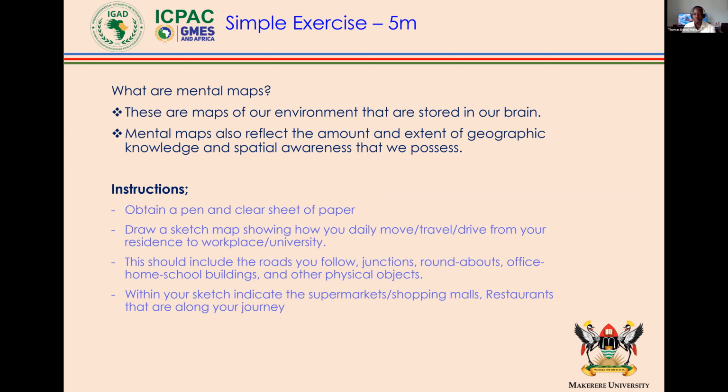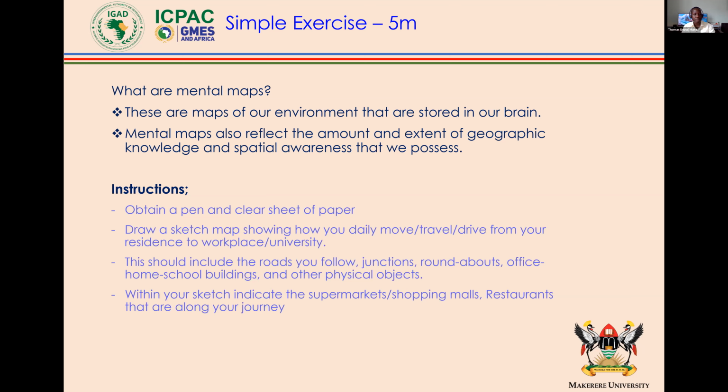Okay, so now we are going to perform a simple exercise. And in this exercise, we are going to do it, but also shall have a 5 minutes break after the exercise. So that when we come back from the exercise, we can be able to discuss what we will have done in the exercise.